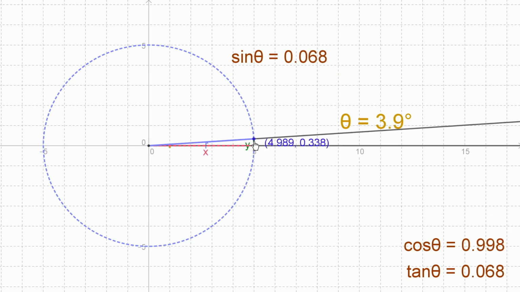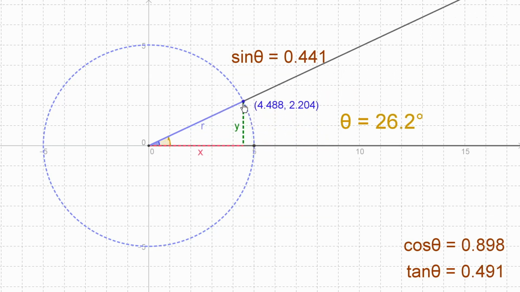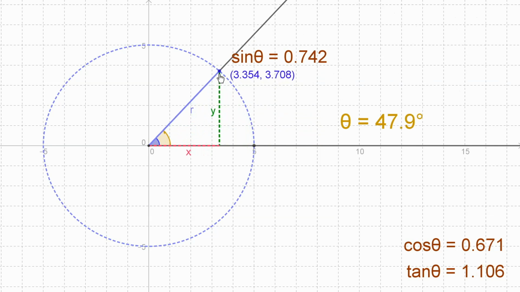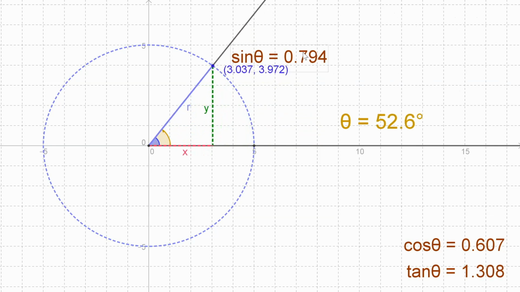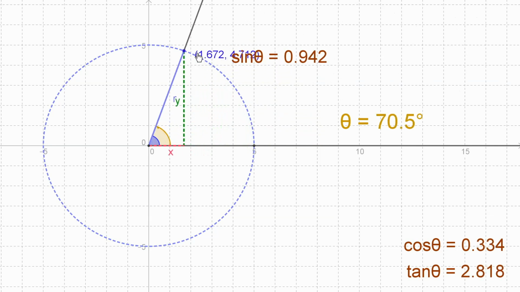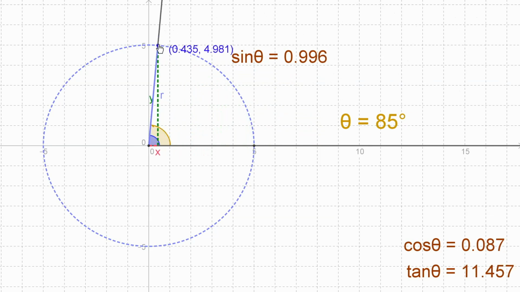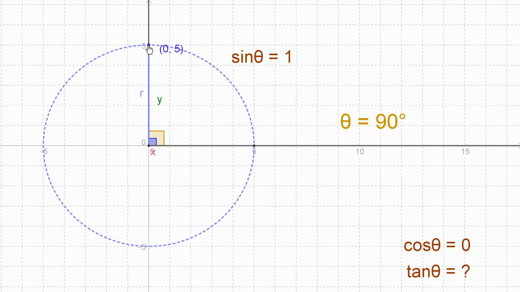As I start moving here, the y-coordinate is getting bigger and bigger, and therefore the sine ratio is increasing. As I get close to our next quadrant angle here, which is 90 degrees, the y-coordinate and the radius are becoming almost the same length. And when you get to 90 degrees, they are the same length.